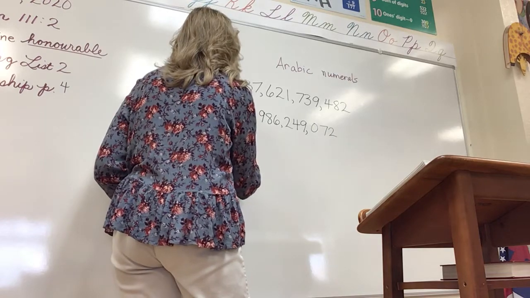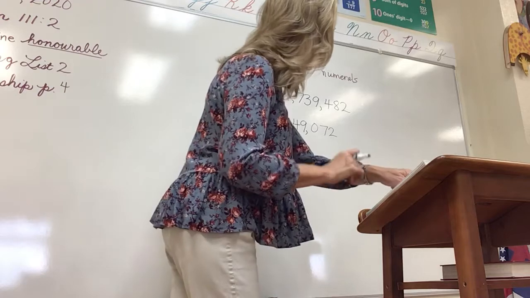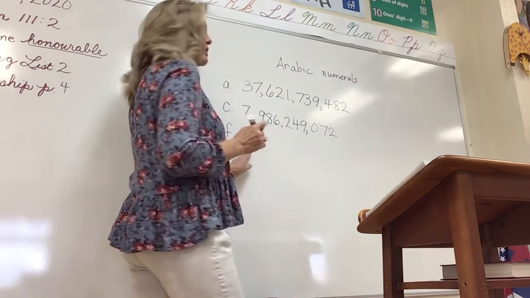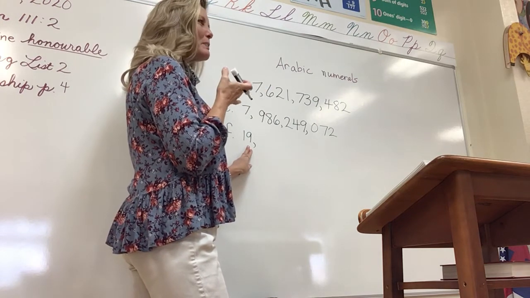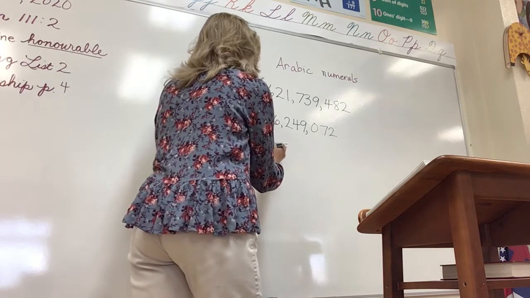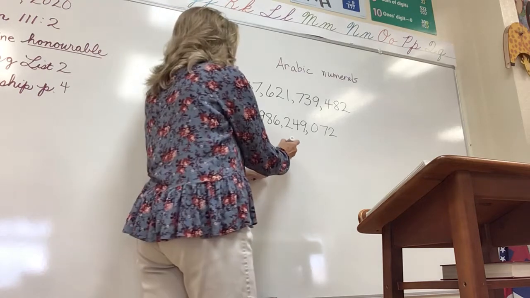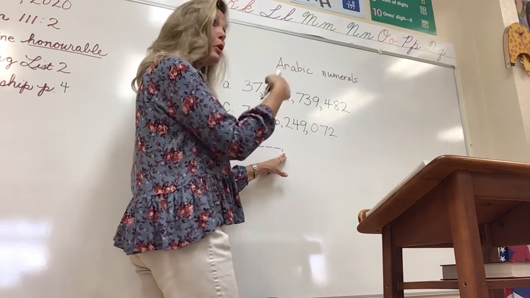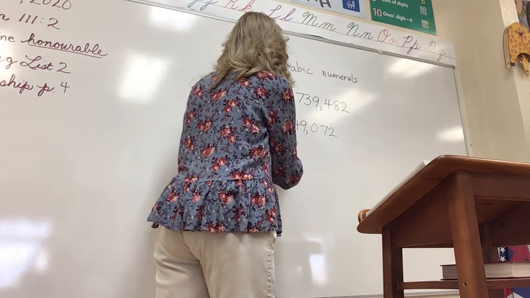This one is tricky. I have 19 billion. So I start out easy, 19 and a comma. Do I see a millions place named at all? So I'm going to need placeholders for my millions because I don't see them there. And I still need the comma, even though I don't say the word. So here's my placeholders.